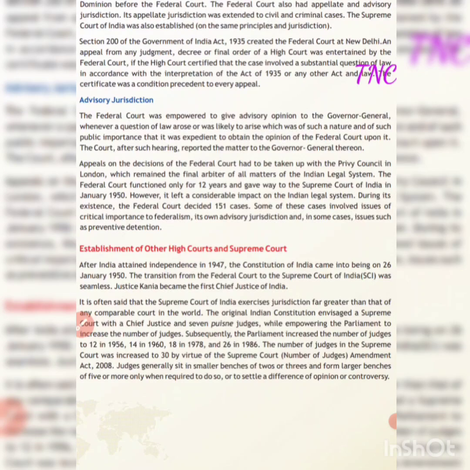So how you have to interpret this simple term right to life to include various other things under its ambit? That is how judges do it.